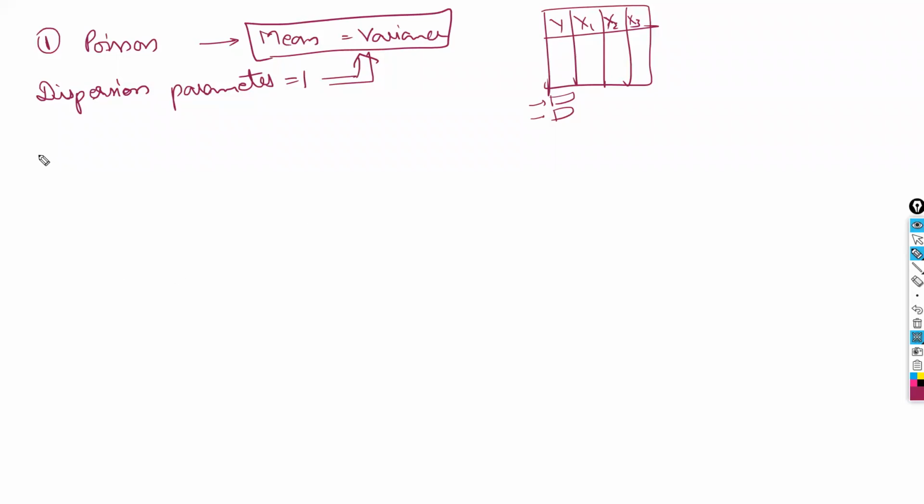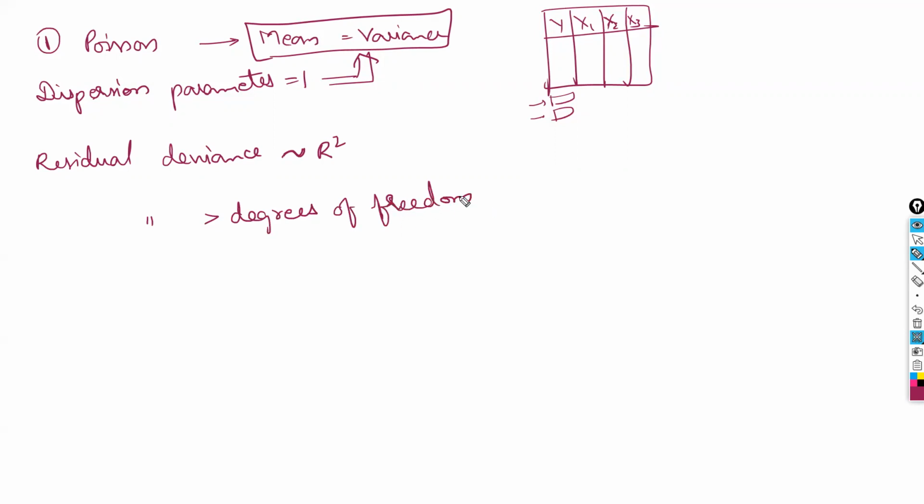Okay. And we have another thing called residual deviance. Residual deviance is a proxy to R squared value. When you run your algorithm, you also get degrees of freedom. That is n minus the number of parameters that you have, right?